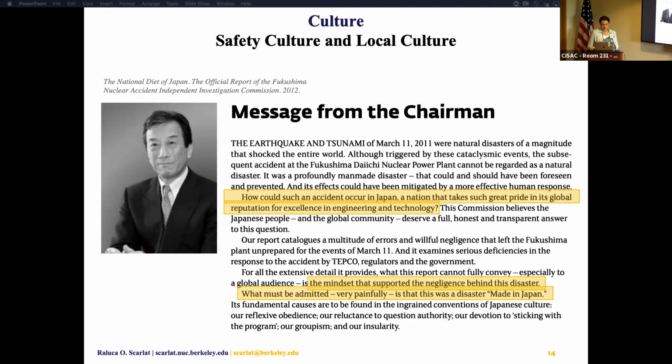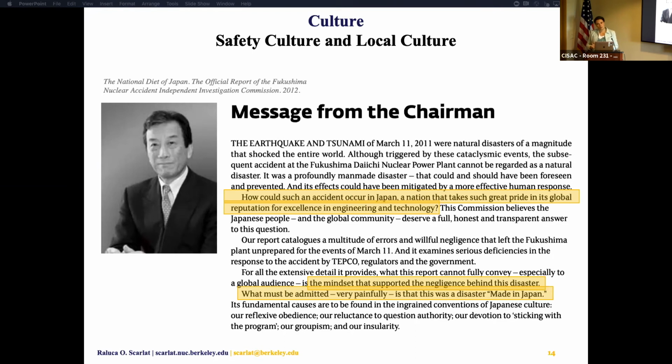So in this report, the chairman gives an example of the fundamental causes, which are to be found in the ingrained conventions of Japanese culture. So as we think about deploying molten salt reactors around the world in order to displace fossil fuel, coal, and natural gas, we also have to think about, well, how do we export the safety culture of the molten salt reactors around the world?